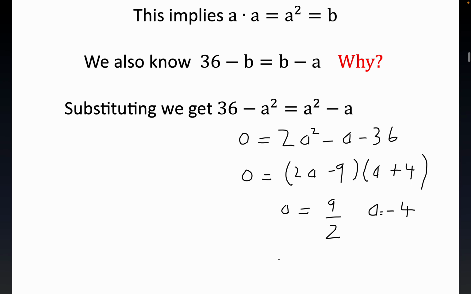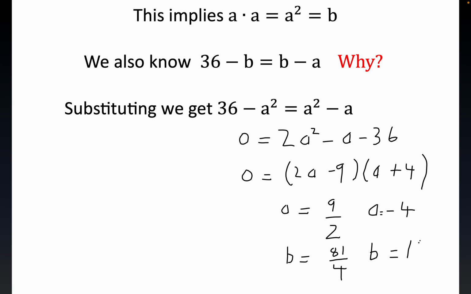So you would get b is equal to 9 squared over 2 squared. What's that? 81 over 4. Square the numerator, square the denominator. And right here, -4 squared would be 16. So these are the only two possibilities.